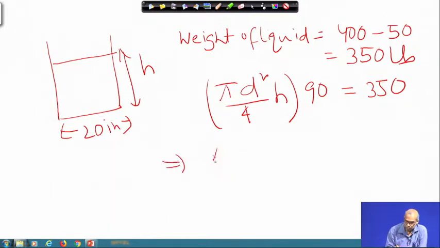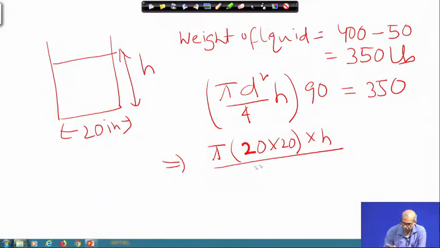So, pi d square by 4, your D is 20 inch. So, pi into 20 into 20 into H divided by 4, and it is expressed in inch. So, I have to divide by 12 square to convert it to feet.